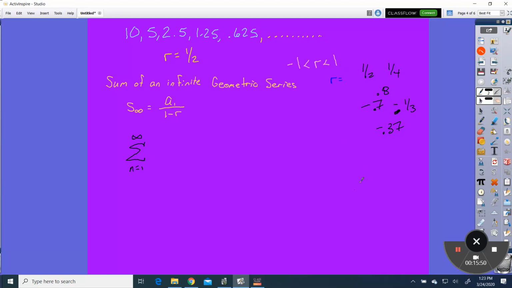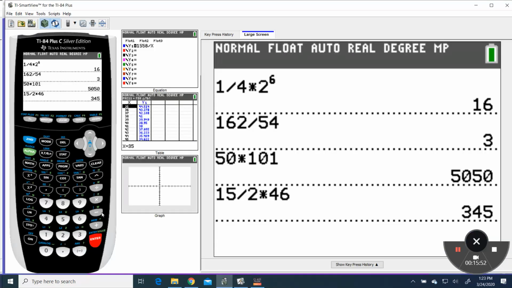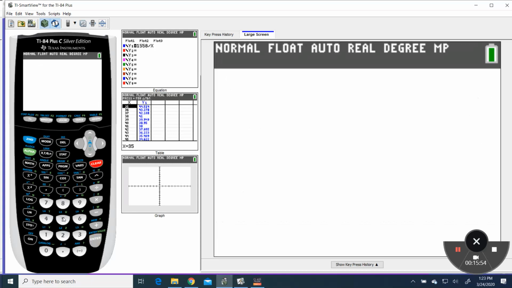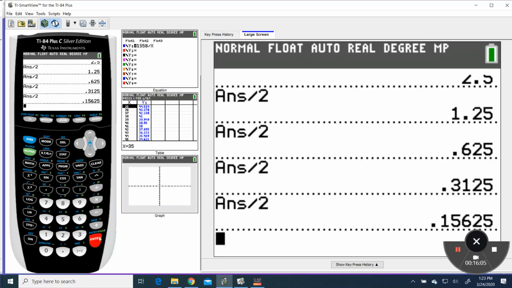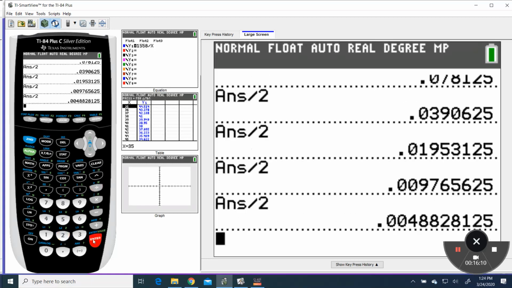The reason being, just to give you a quick example, if I start with a number, say 10, and say the r is half, so I take half of it each time. If I keep doing this, notice that my numbers keep getting smaller, and that works if r is less than 1.